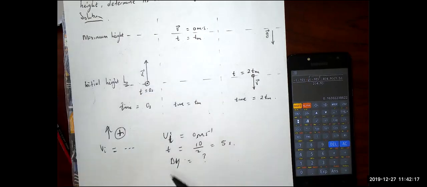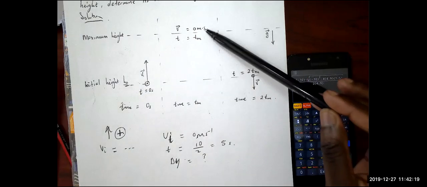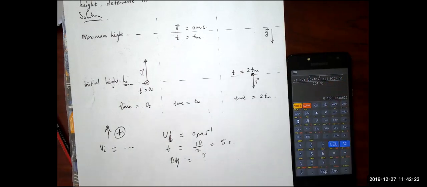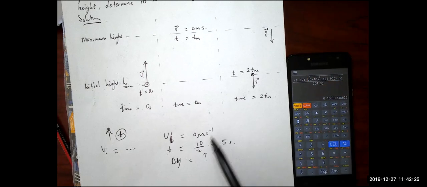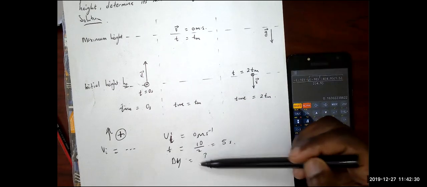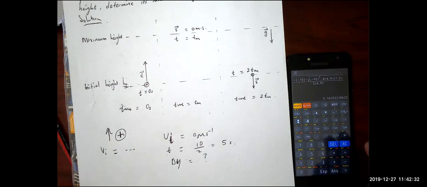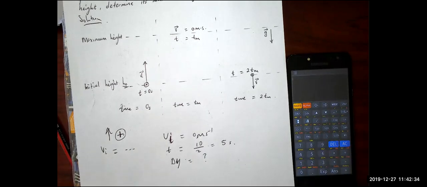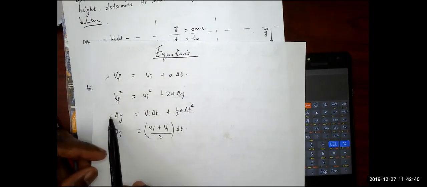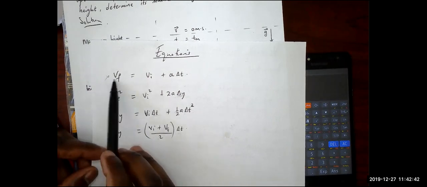So we take the velocity at the maximum point as our initial velocity, so it's going to be 0. Our time is still the same, 5 seconds. Our change in y is what we're looking for now. Let's see which equation we should choose. We're going to choose the third equation, because the other three require v final, which we don't have.